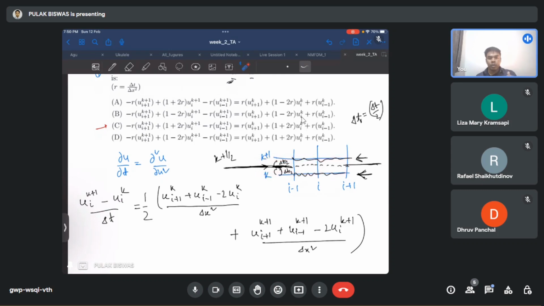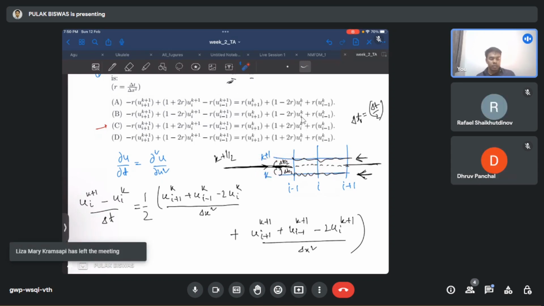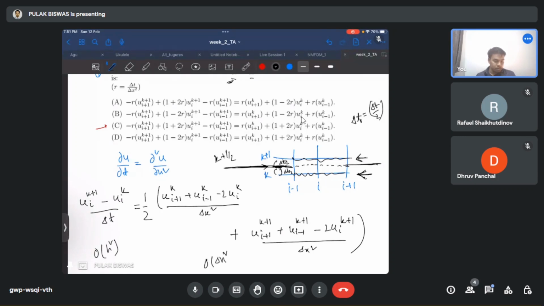If I use more data, we can expect the accuracy to be higher. And also we are using the central difference for the time derivative, so the order becomes higher. Here it is already second order. Time also became second order because of considering the half step value.